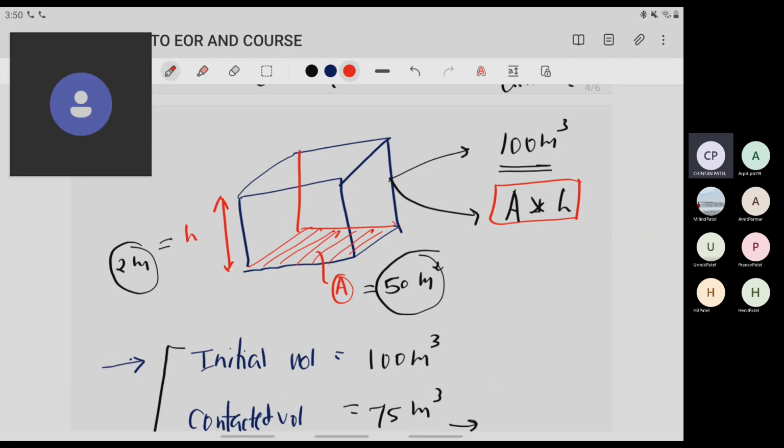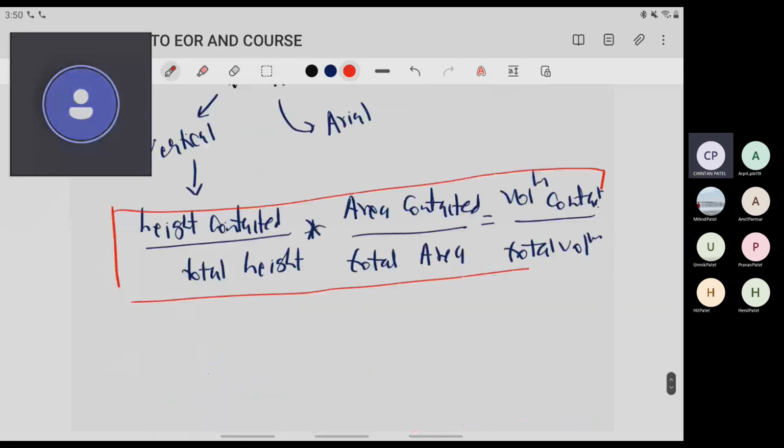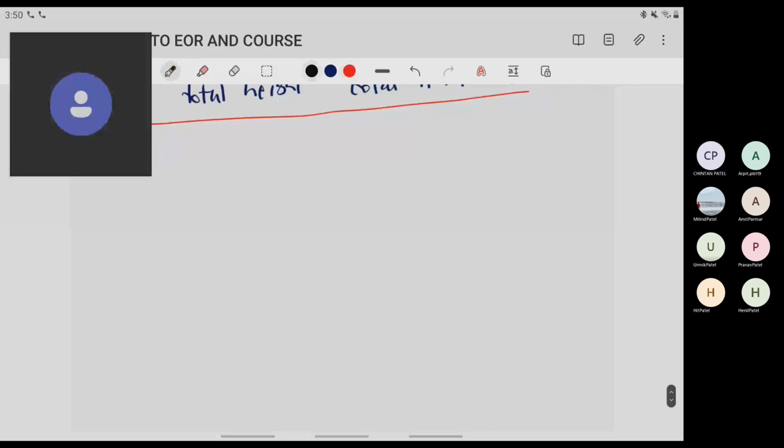Write down the question. Are you following me? Okay, let me write. This is not a standard question, but at least it familiarizes you with the calculation.